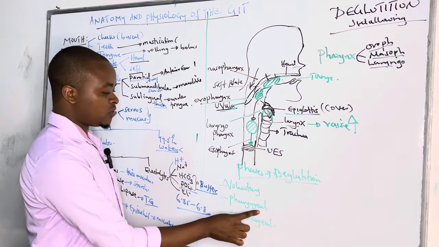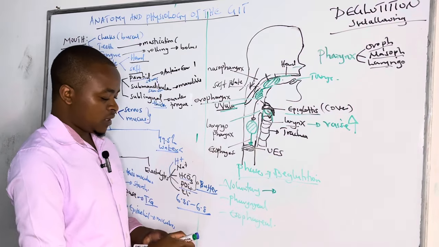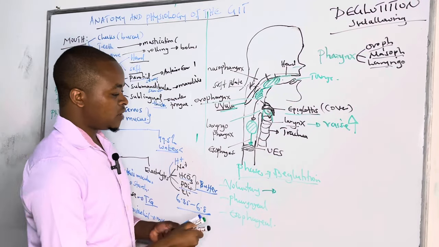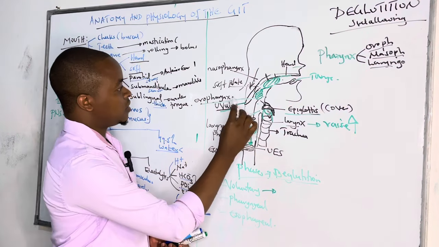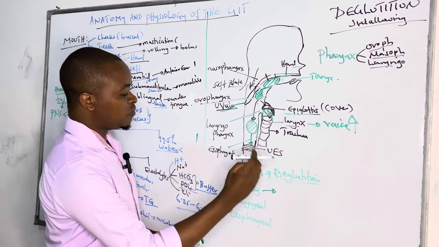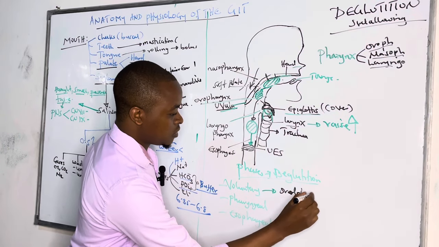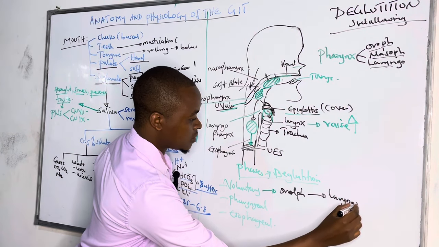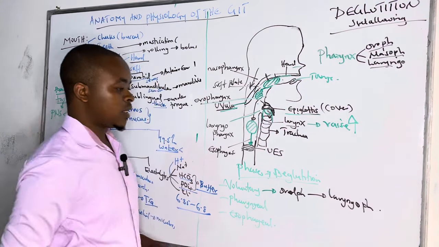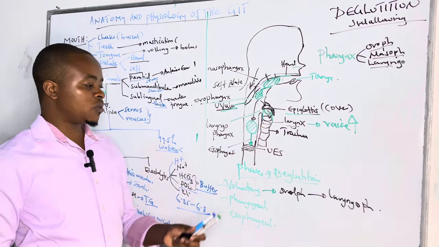This voluntary phase, which can be controlled, enables the food bolus to move from the oropharynx to the laryngopharynx. And it is controlled because that part is made up of skeletal muscles.